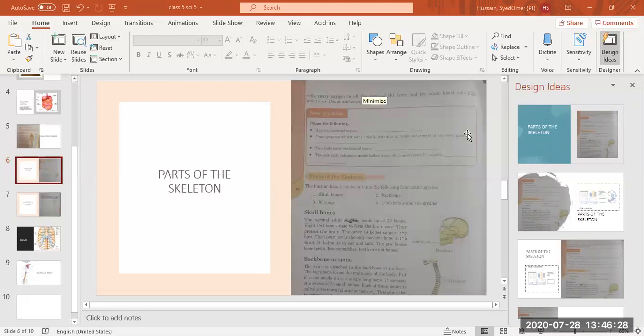Yes. How many bones are in the face? 14 bones. Yes. Students, there are 14. Teacher, over here it says that teeth are not bones, but then what are teeth?